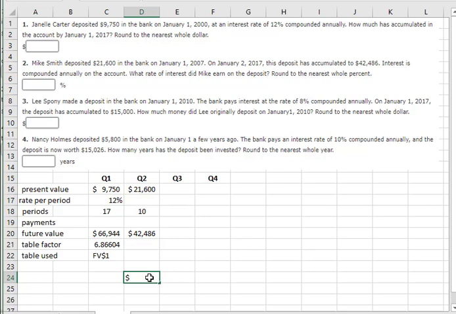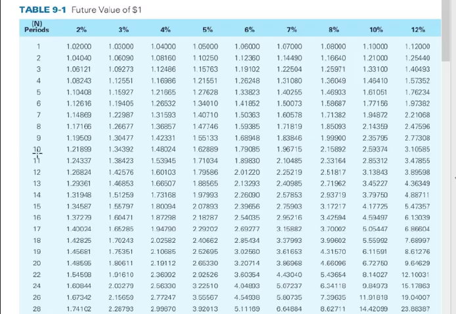So the way this works, algebra-wise, the present value times something we don't know gave us that 42,486. So we solve for that factor by taking that, dividing both sides by the 21,600. And we get the 1.96694. All right, so we're going to go to the table and look across 10 periods and try to find something pretty close.